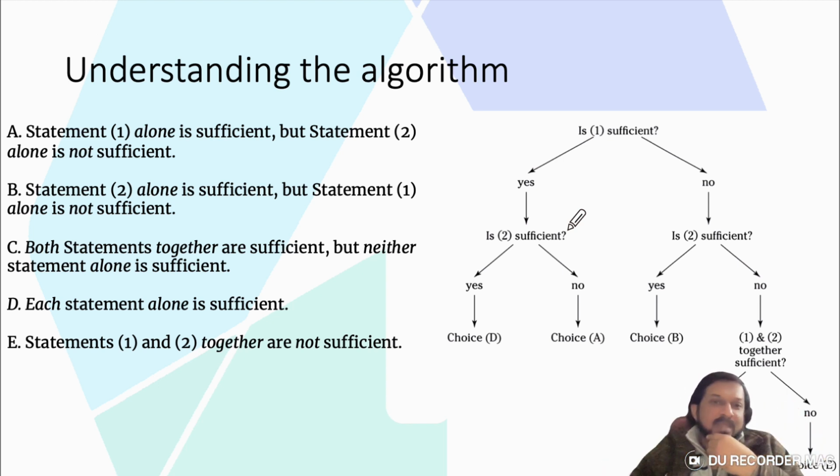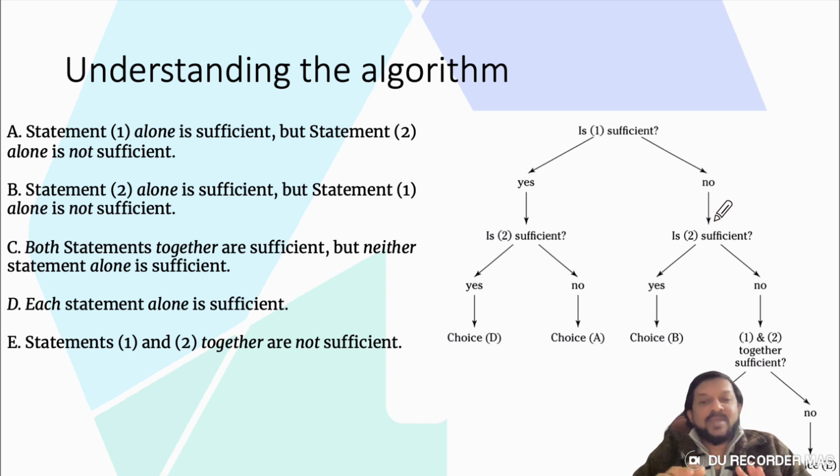Let's see what happens if statement 1 is not sufficient to answer the question. If statement 1 is not sufficient, we start checking statement 2. If statement 2 is sufficient to answer the question, mind it, without taking the help of statement 1, that means statement 2 is sufficient and 1 is not.